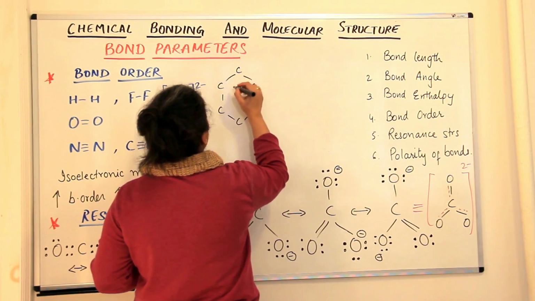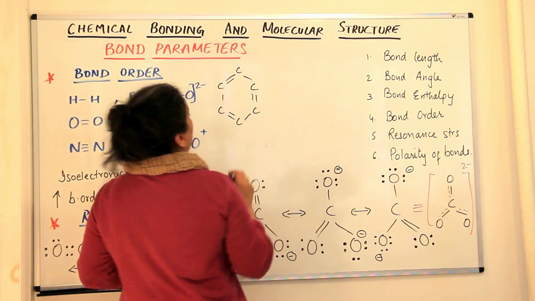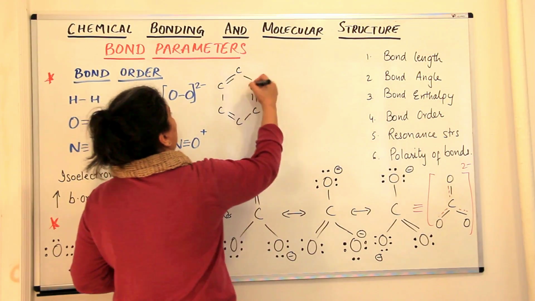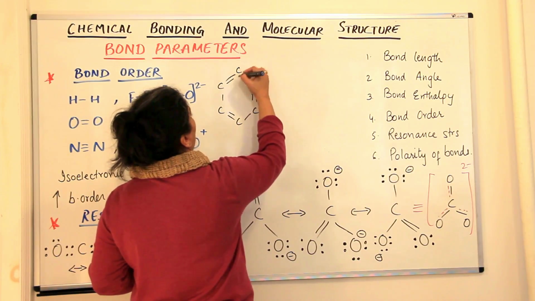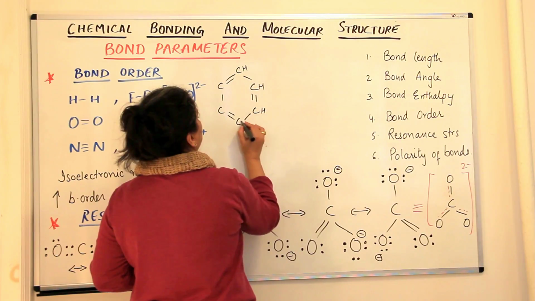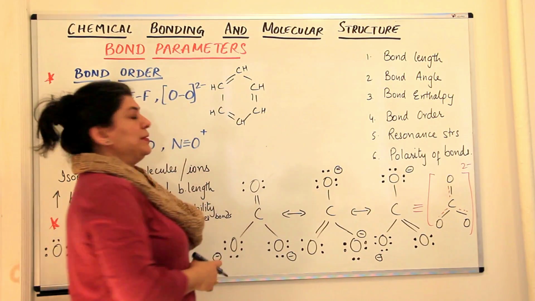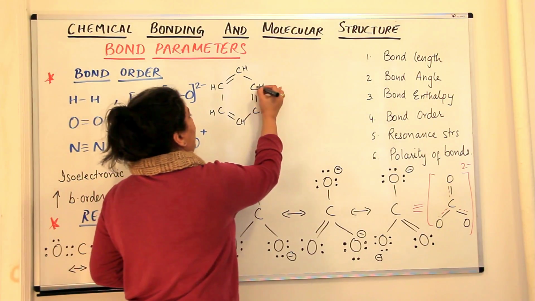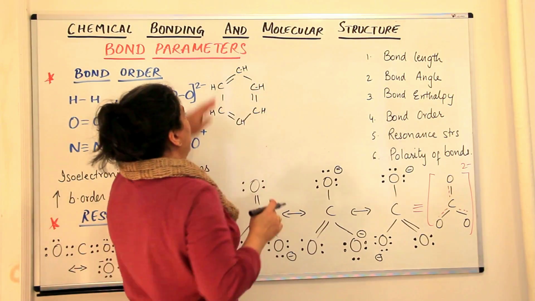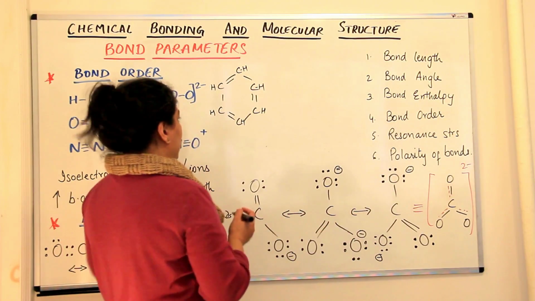And it has alternate double bonds, 1, 2 and 3. Every carbon forms 4 bonds, therefore how many bonds are already formed? 3. So every carbon has 1 hydrogen here, right? So this is a structure of benzene. Now each carbon forms 1 bond with the hydrogen and 2 bonds with 1 carbon on one side and 1 bond with 1 carbon on the other side.